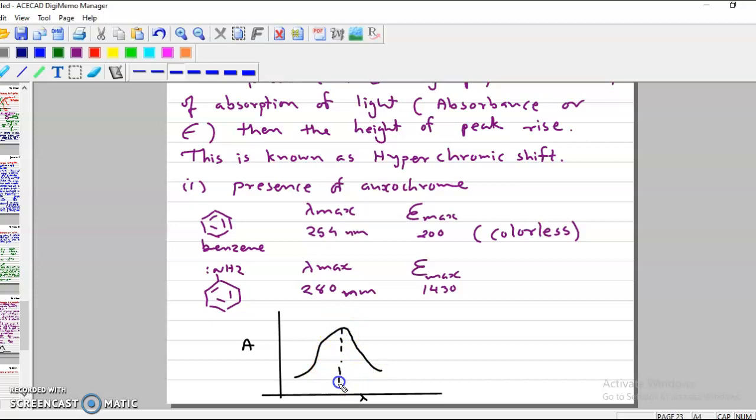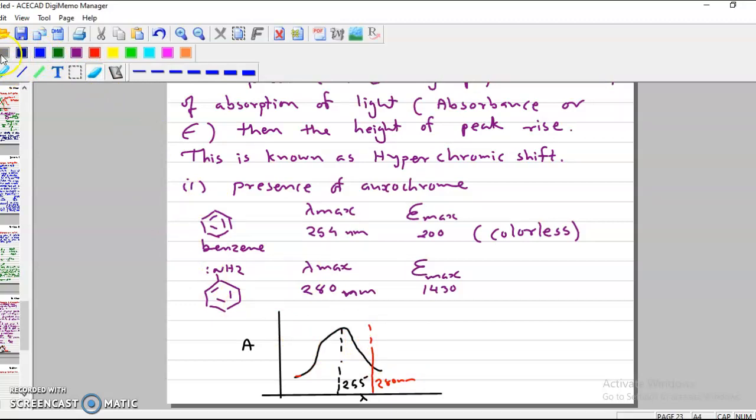This is lambda maxima and the value is 255 nanometer for benzene, and the graph for aniline could be like this, and this will change to 280 nanometer.